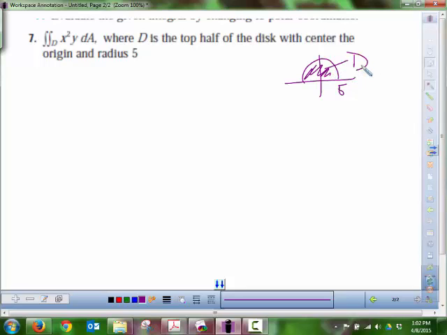And just for fun, let's set it up as if we were going to do this in Cartesian coordinates first. Okay? So we have to decide what to integrate with respect to first. One is easier than the other, but since we're not going to do it, it doesn't matter. So what should we integrate with respect to first?